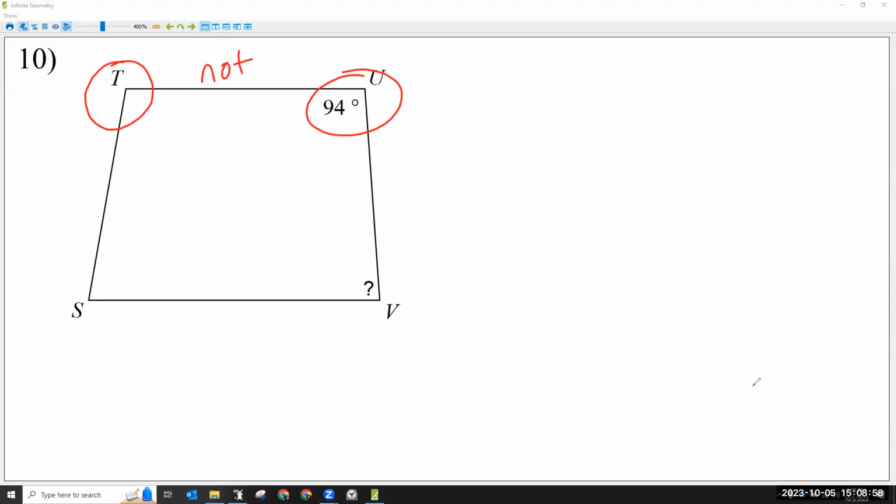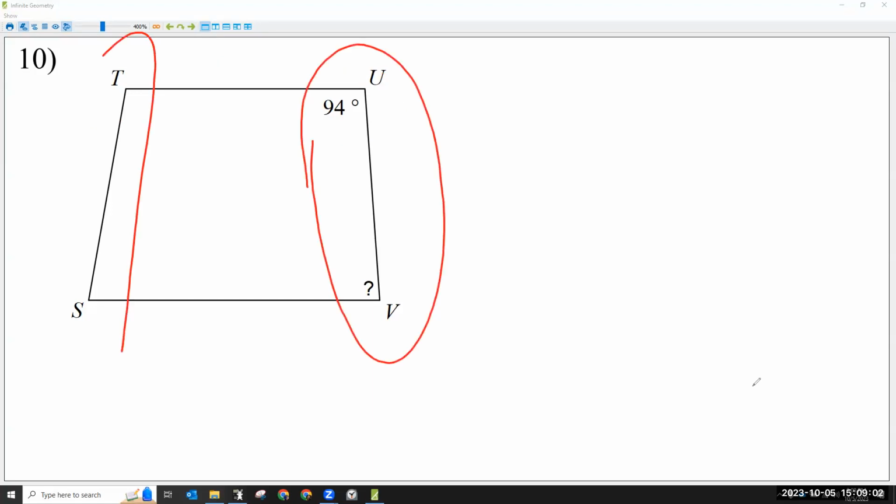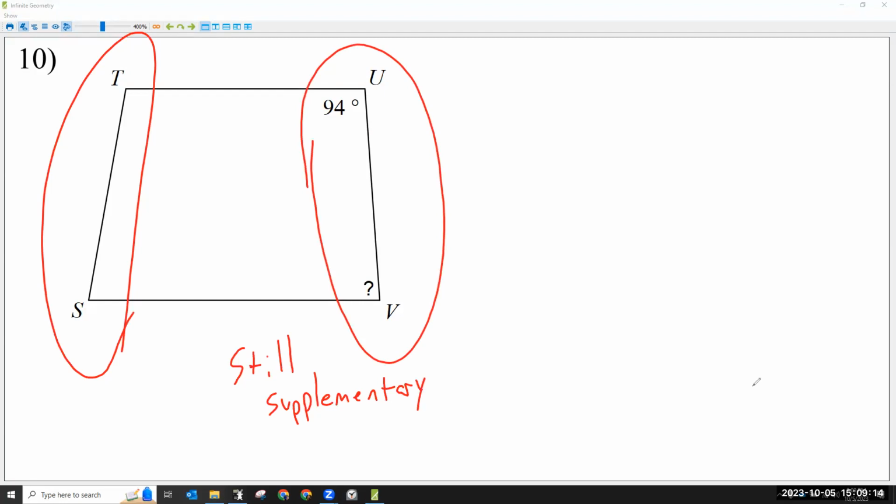But what I can still say is that these two and these two are still supplementary. Still add to make 180. So you can still use that rule on those.